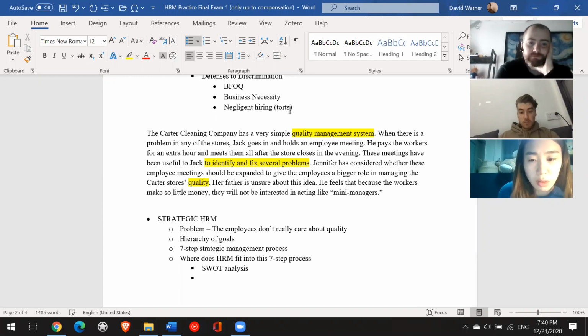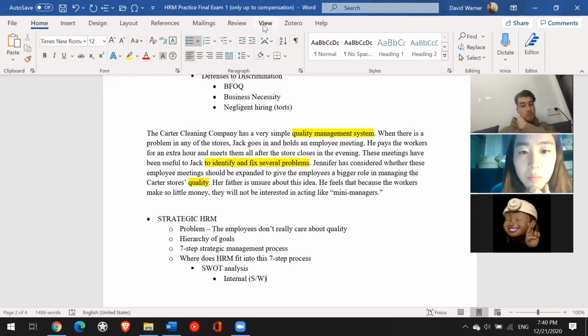HRM fits in. What does HRM do for the internal part? Can anybody tell me, what does HRM do for the strength weakness part? Staffing, hiring, training.